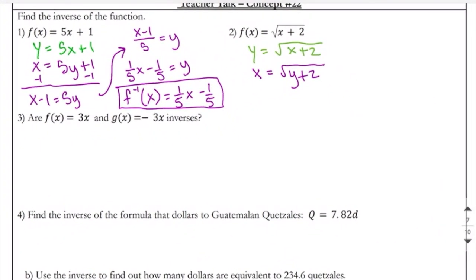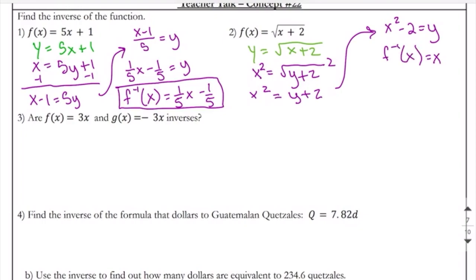So we're going to take both sides and square it. So we get x squared equals y plus 2. And then we're going to subtract the 2. And then state that f inverse of x equals x squared minus 2.